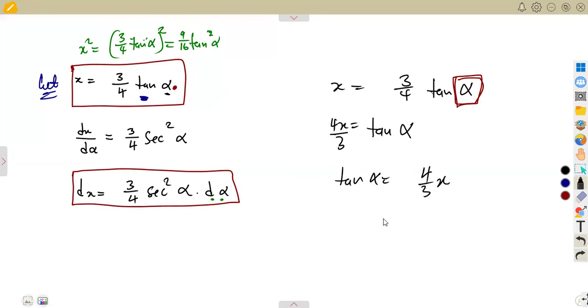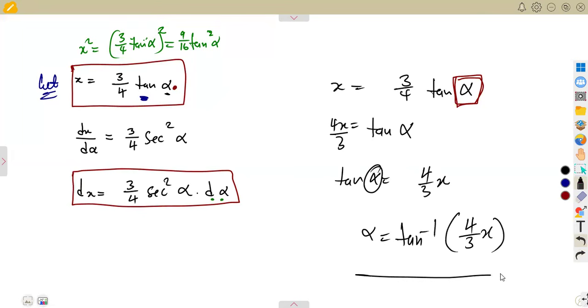Just like what I said before, to obtain the angle alpha, it is going to be arctan 4 over 3x. This is your alpha in terms of x. We are having this, it's now in terms of x.